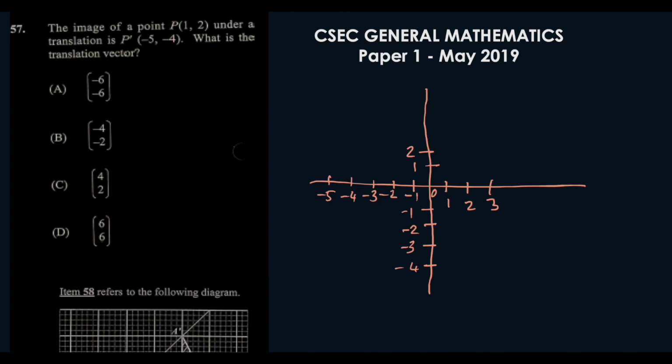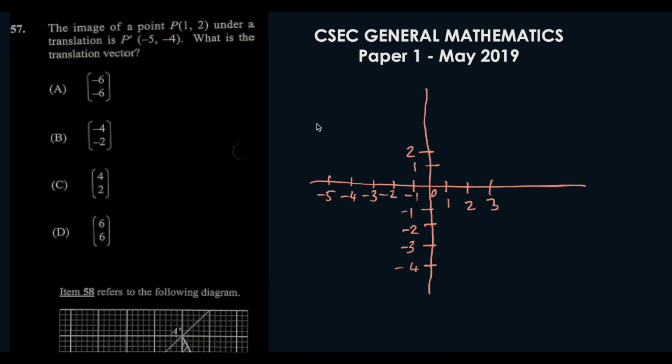So with this one here, it says the image of a point 1, 2 under translation is P prime, -5, -4. What is the translation vector? All right, so if we want to do this, I could show you the mathematical way, but I can also show you from a graphical way. All right, so let's plot these points now.